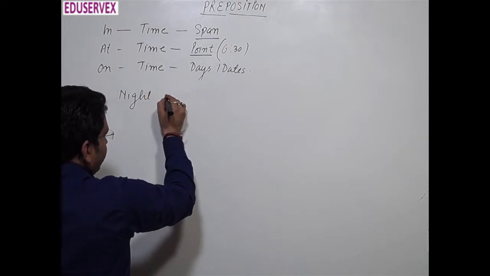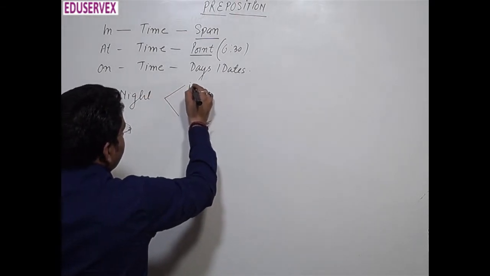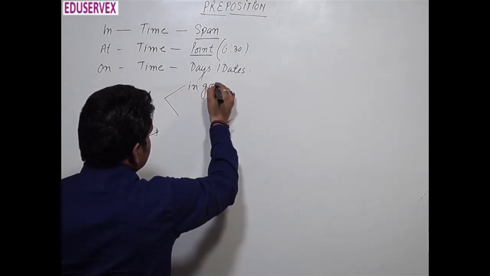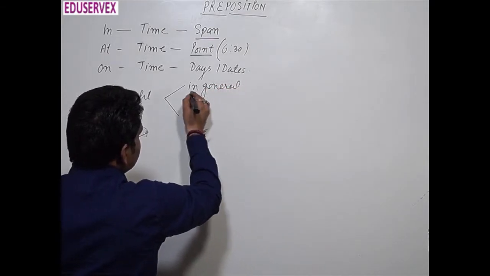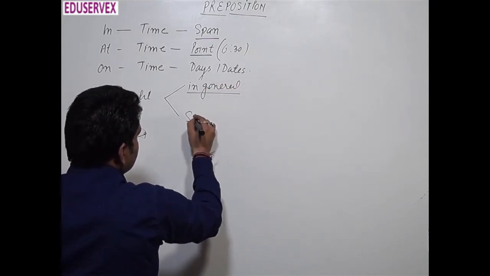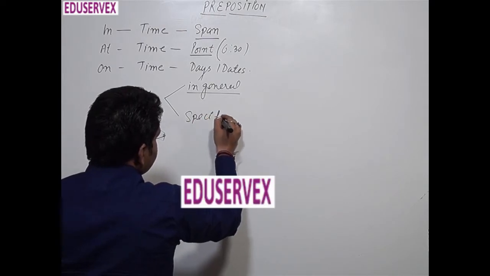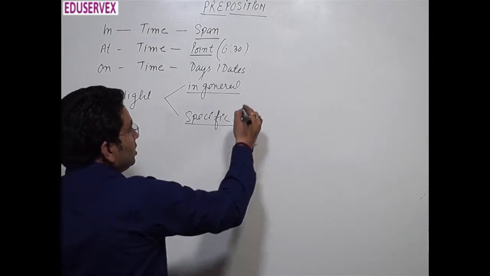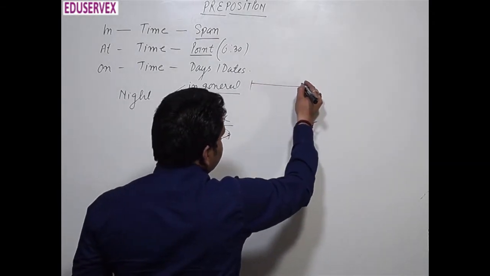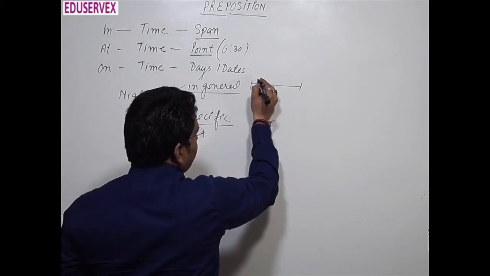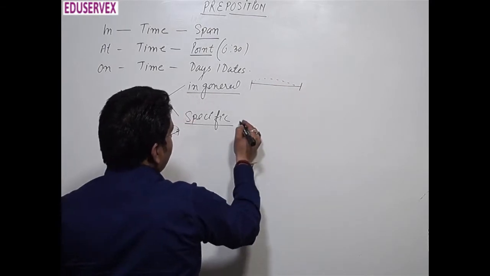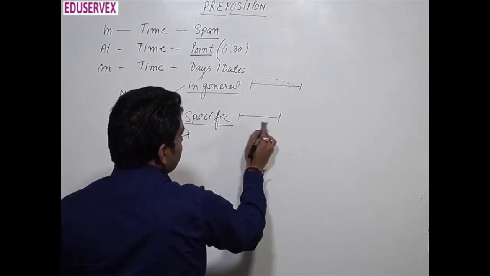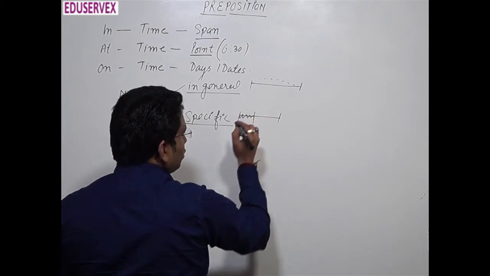Night has two ideas. One, in general. Second, specific. In general, night has a span like this one. Exactly, complete idea here to here. But the specific one, like it's the night, we can discuss this up to here.